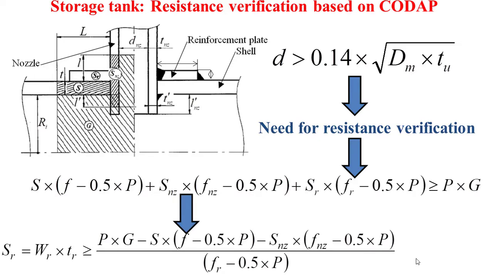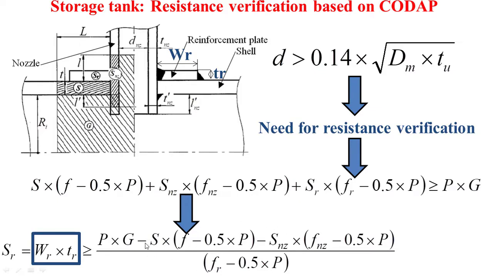We can easily deduce from this inequation that the cross-section SR of the reinforcement plate, which is obviously equal to the width of the reinforcement plate multiplied by the thickness of the reinforcement plate, should be higher than all this quantity.